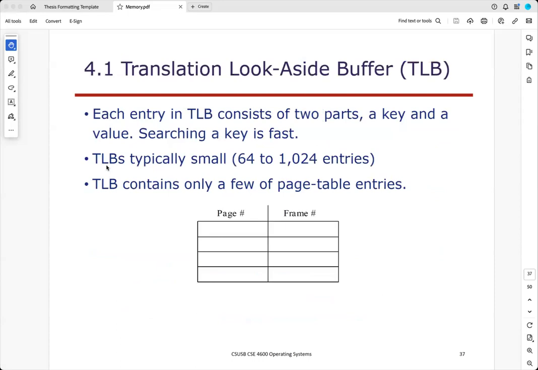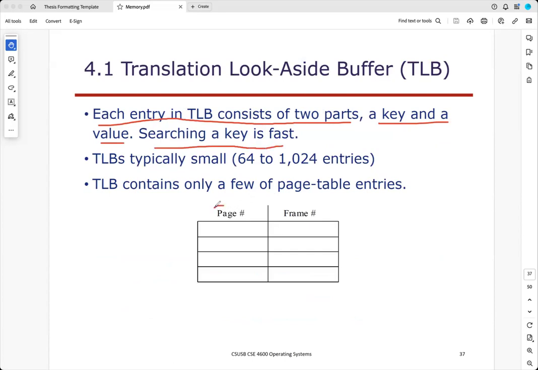Each entry of the TLB consists of two parts, a key and a value. Searching for a key in the TLB is very fast.